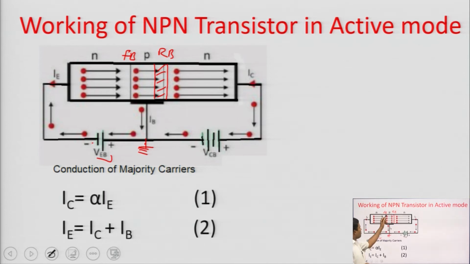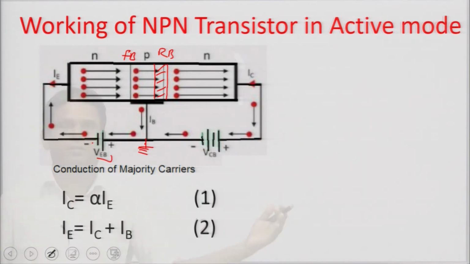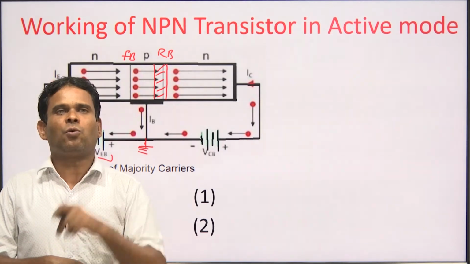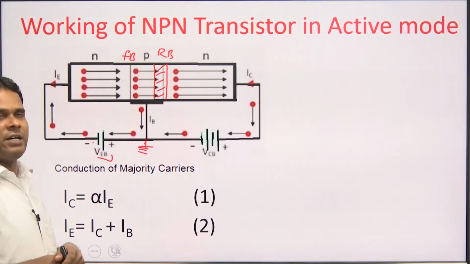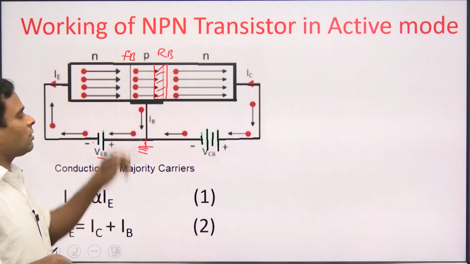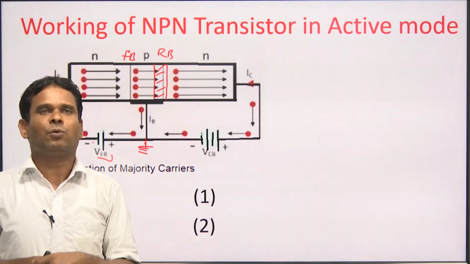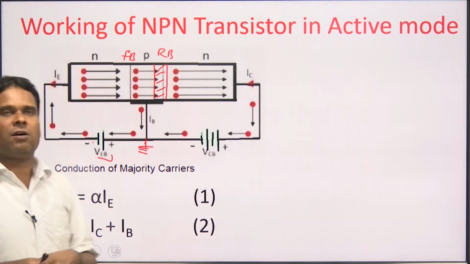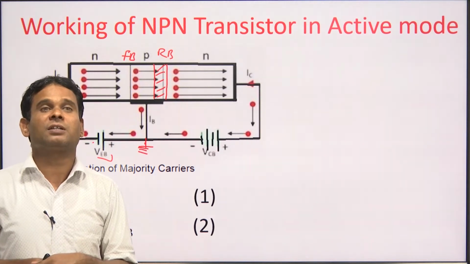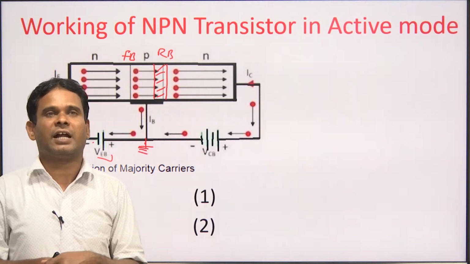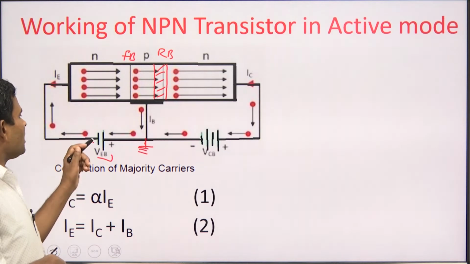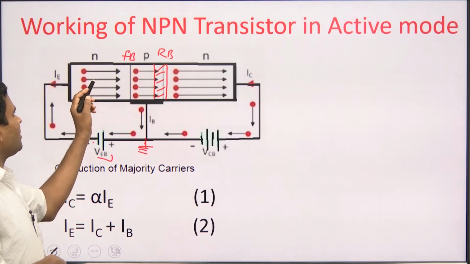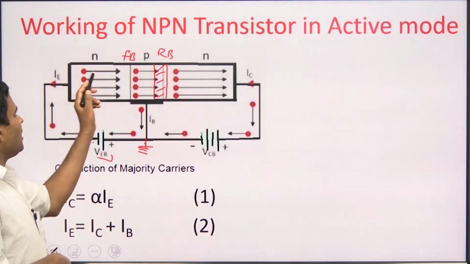Now the majority carrier electrons are in the base layer. What will happen? There are two ways to conduct. The first is that a few electrons will recombine with the majority carriers of the base layer, that is, with the holes. This is called the recombination current or base current. Suppose 100 electrons are repelled from the emitter to the base.